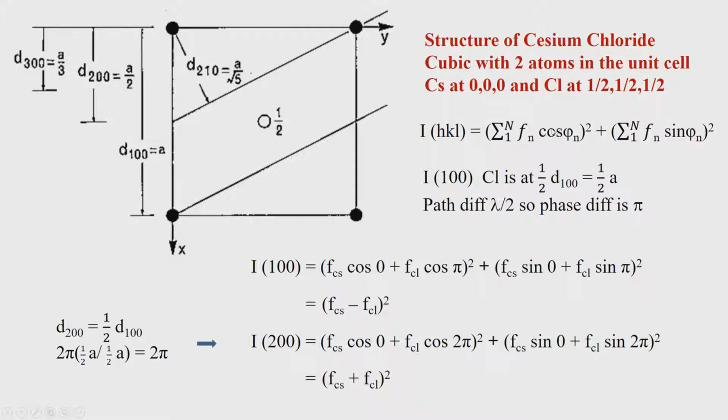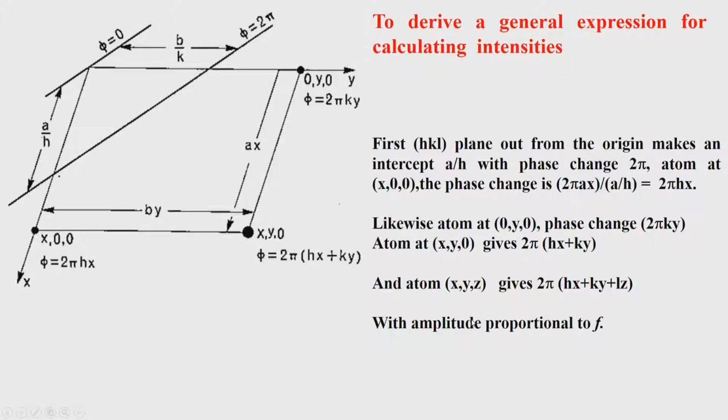So, this was a methodology with which we developed that the intensities can be calculated, and we indeed calculated several intensities. But in a general case, it is not always cesium chloride we are worried about. We are worried about hundreds of atoms, and these hundreds of atoms by symmetry are generating, let us say, more than 4 or 5 molecules in the unit cell.